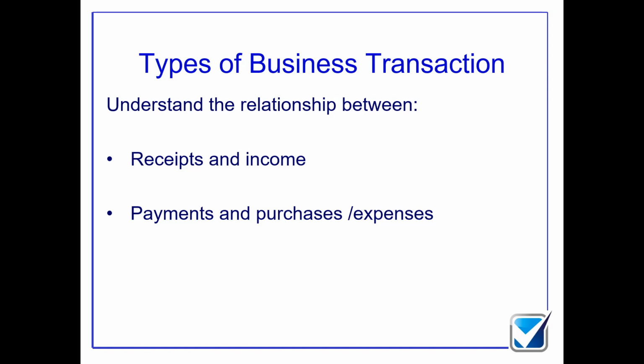So the sale, which is an income figure, becomes a receipt of cash sometime in the future. A payment will then become a purchase or an expense. So money going out of the business will become a purchase or an expense. Now remember, there's a difference between purchases and expenses, and we've looked at it a little bit. We're going to look at it again in chapter number 2.